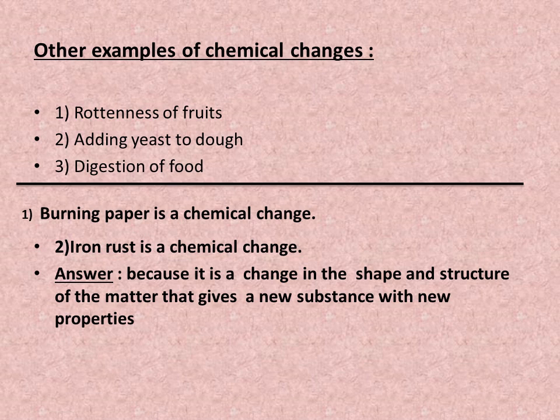Question about chemical changes: burning paper is a chemical change. Iron rust is a chemical change because it's a change in the shape and the structure of the matter that gives a new substance with new properties. We notice that this is the definition of chemical changes.